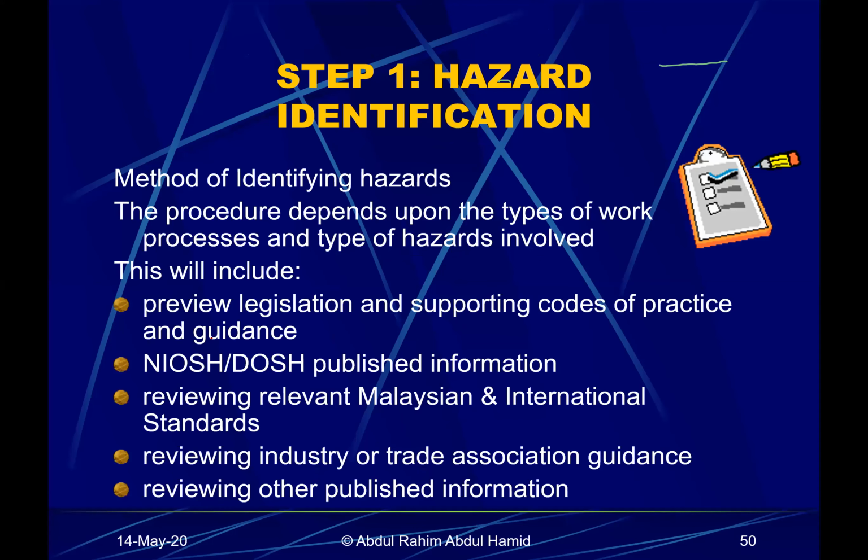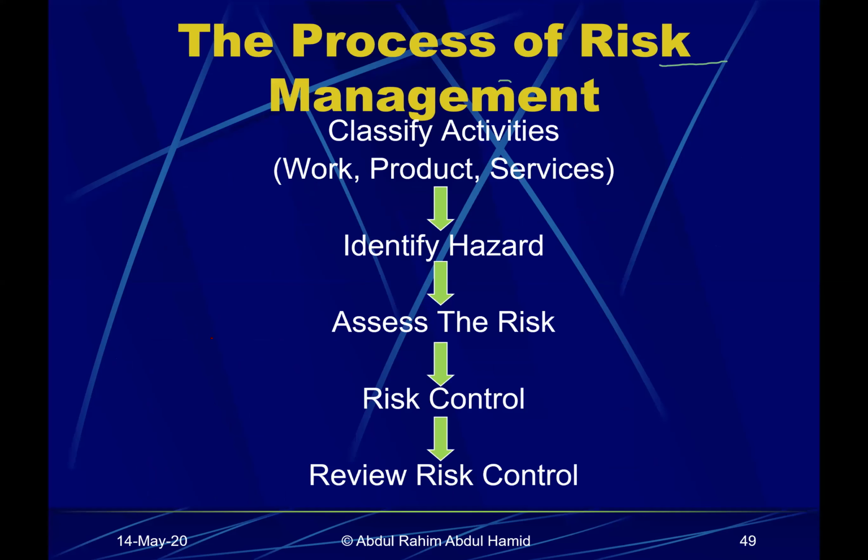Okay, the process of risk management. So how to conduct risk management? We start with this one. Classify activities. Classify activities means that we are in the construction industry and we have our activities. Remember, during planning and scheduling, we come up with a work breakdown structure.